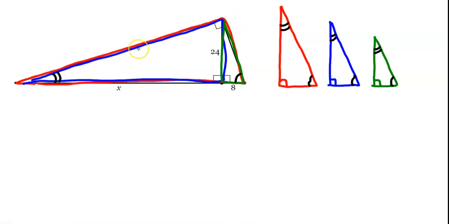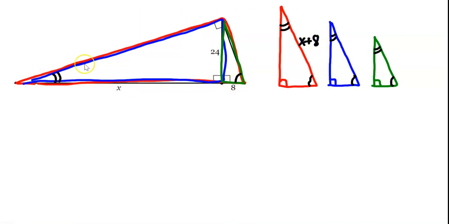That's not labeled as anything, so we're going to leave that blank. The same thing between the right angle and the single swoop. That's not labeled as anything, so we're going to leave this blank. But the hypotenuse of the big red right triangle you can see is right here, across from the right angle, and that is made up of x plus 8. So we're going to label this as x plus 8.